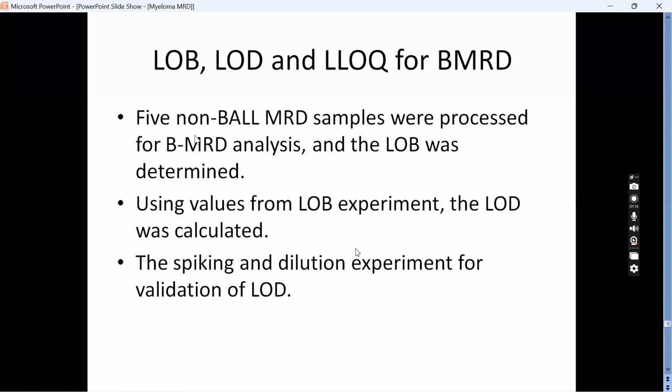You stain the samples in a similar way as your BMRD, for example, CD19, CD10, CD34, 38, 45, 73, and so on. You process them as you process for BMRD. Now you acquire that in the flow cytometer. After acquiring, you would have already drawn templates, right? I showed you what is a template.